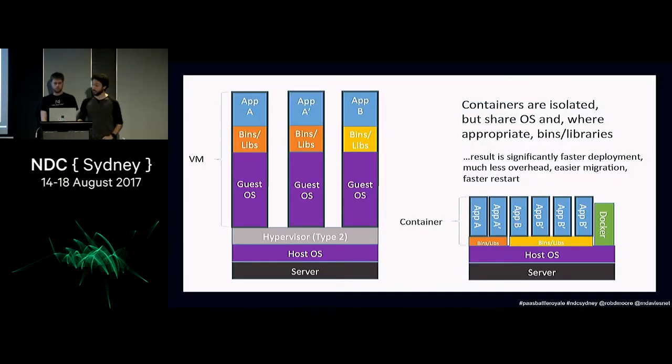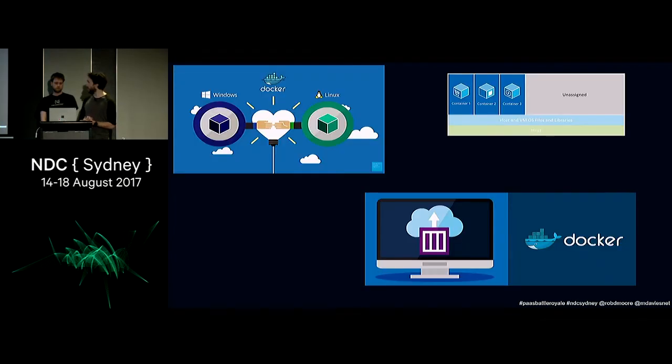So I probably don't need to explain what Docker containers are, given how many Docker talks there have been in this conference, but there's a real distinction compared to how you would deploy things on a VM, and a different way that you'd go about doing things in order to get that faster deployment and lower overhead and faster restarts in management and so on. So pretty powerful tools.